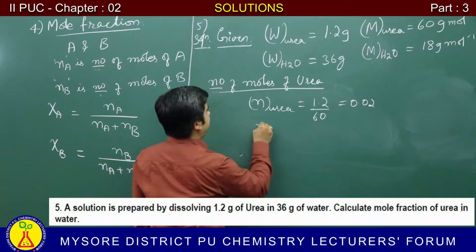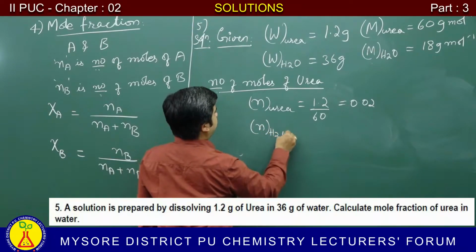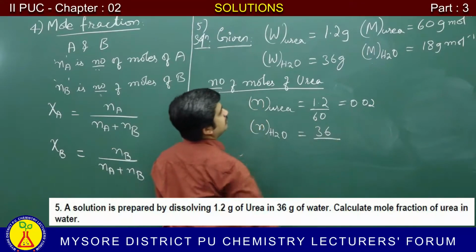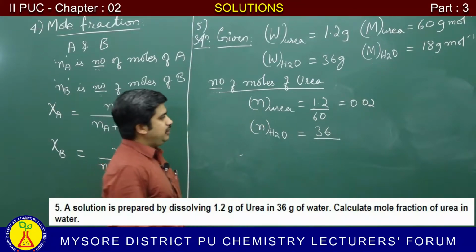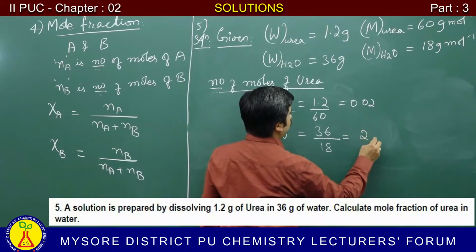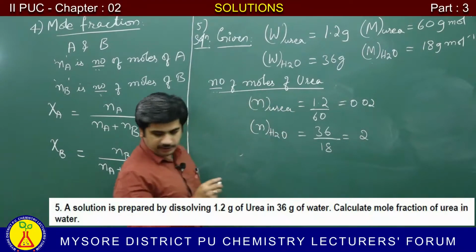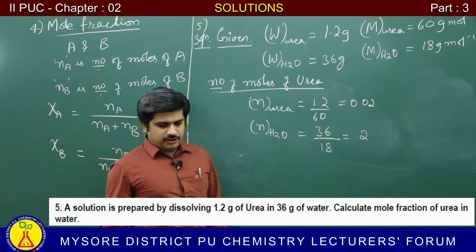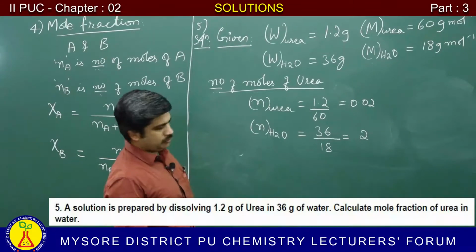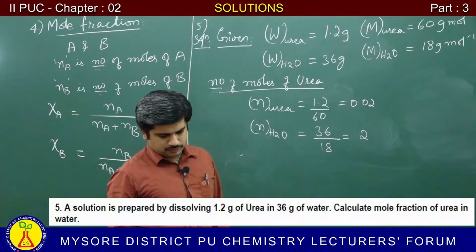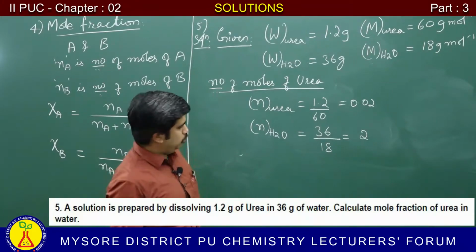Then similarly, number of moles of water. How many grams of water do we have? 36 grams. And what is the molar mass of water? 18 grams. So, this is 2 moles. Oh, I am sorry. Is that correct? Yeah. So we have 2 moles.